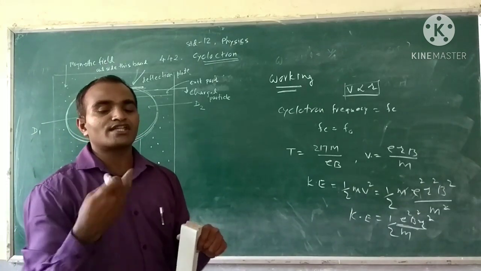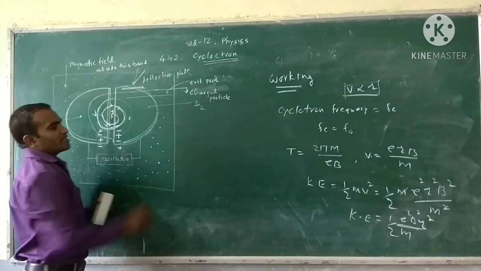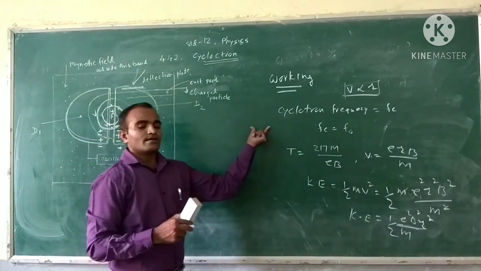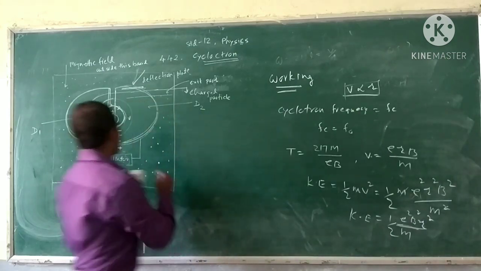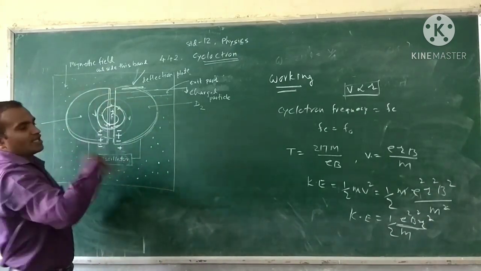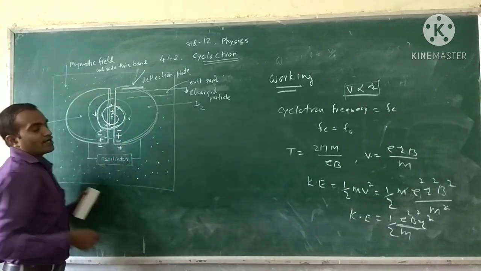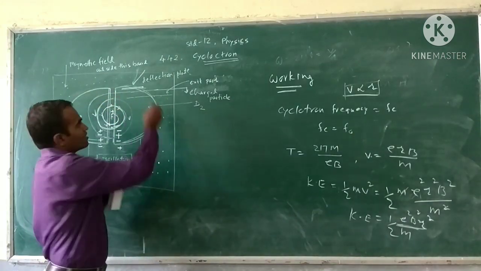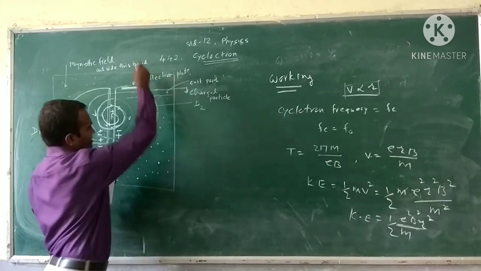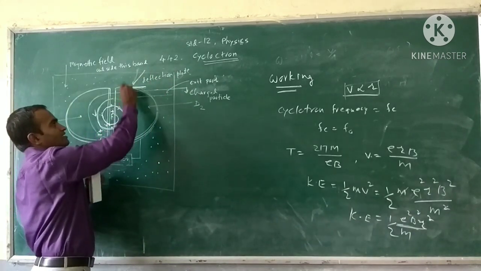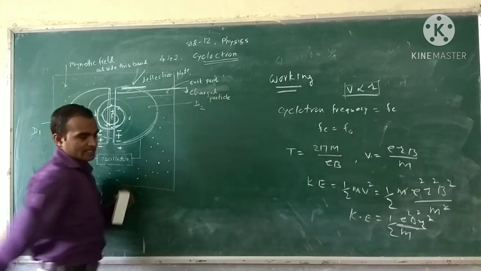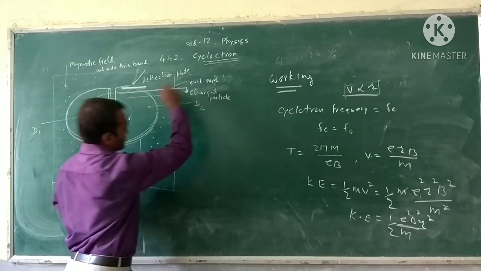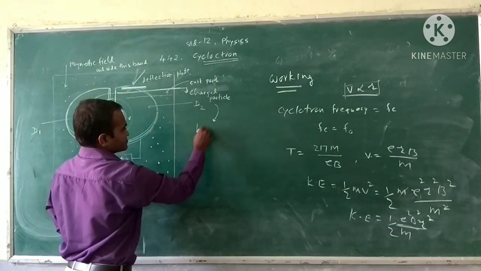The speed of the charged particle is increasing in all cycles. So you can increase the velocity of that charged particle by a very large amount, and accelerate it to very high speed. When you want to take the charged particle out of its circulating path, you use a deflecting plate, and you can exit the charged particle from the exit port with very high speed.